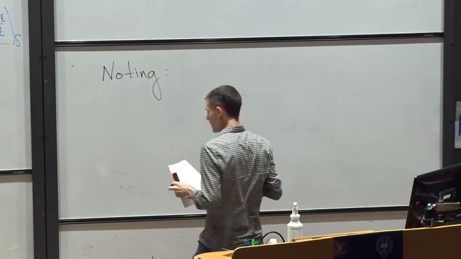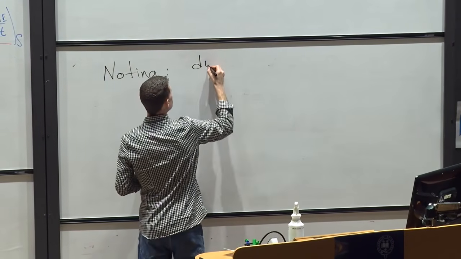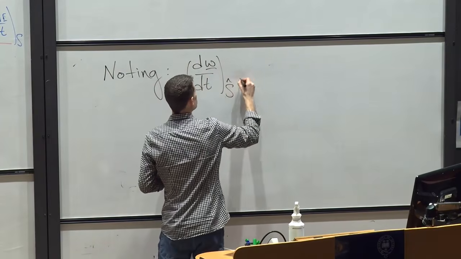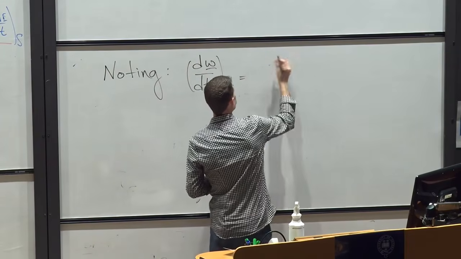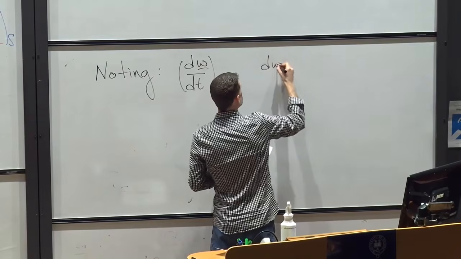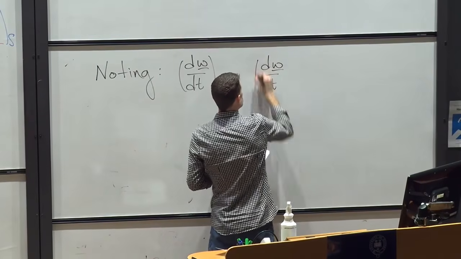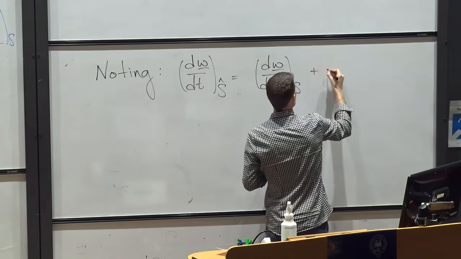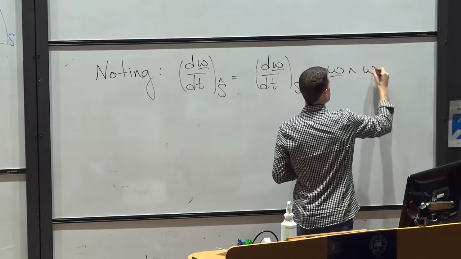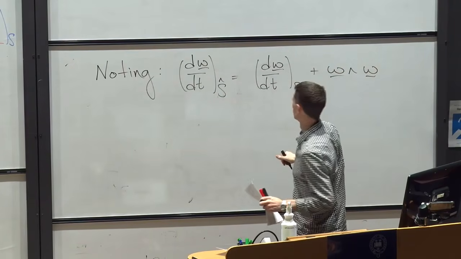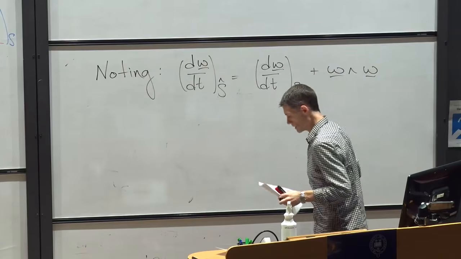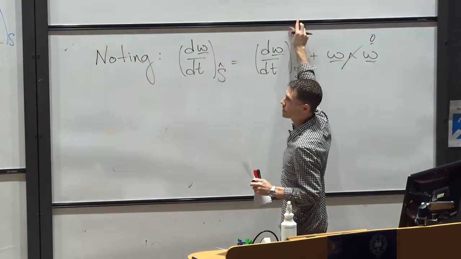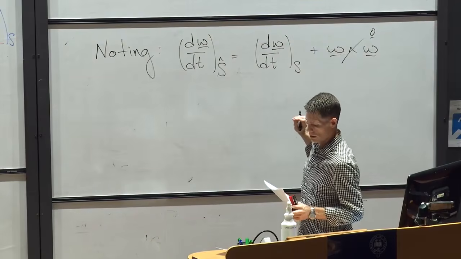d omega/dt in the S hat is d omega/dt in the S plus an omega cross an omega, which is 0, by definition of the cross product.